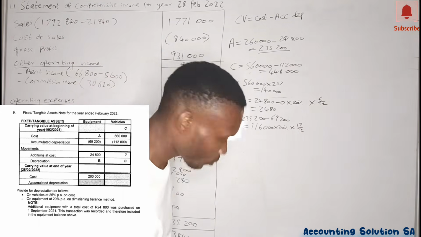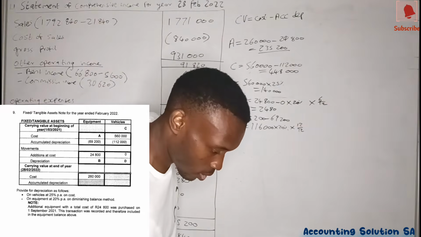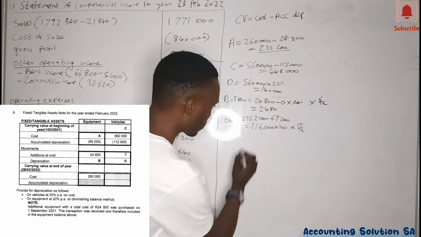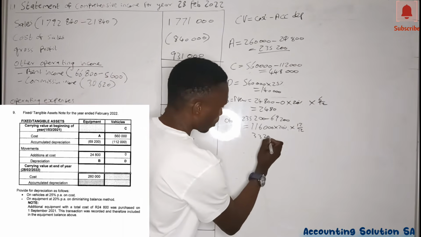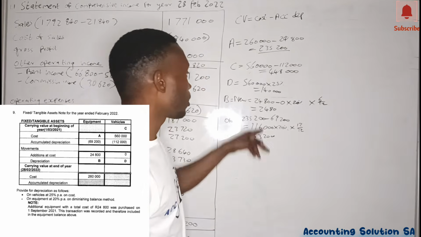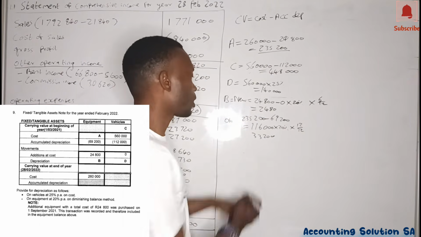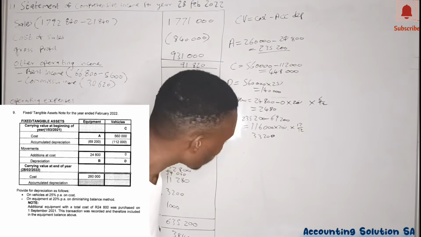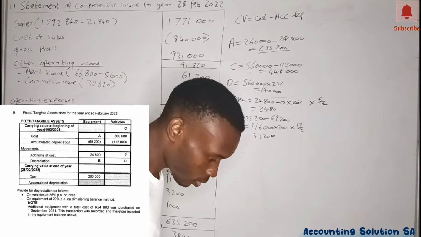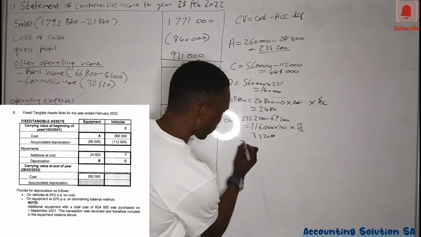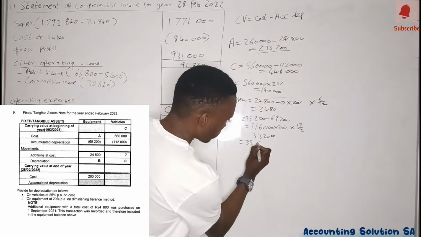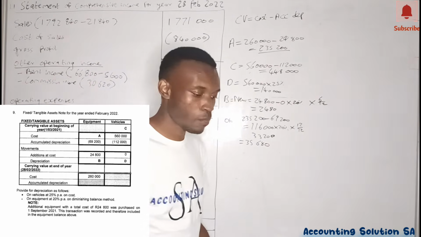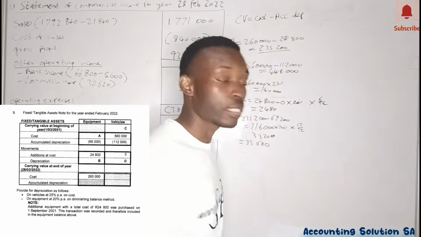So it's going to be 166,000 multiplied by 20%. Then it's going to give us 33,200. Then your answer for number B is 2,480 plus 33,200. Then it's going to give you 35,680. Okay, so this is how you should complete your tangible assets in short.